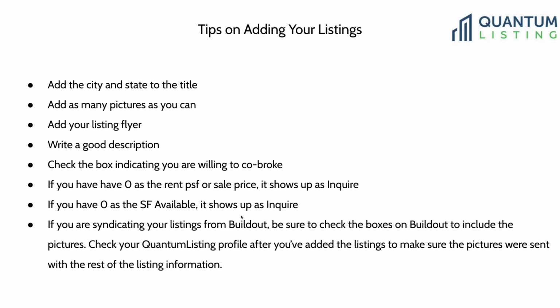Some people forget to check that, and then they have to go into the listing and check a box next to each individual picture. So just make sure that you have the right boxes checked on Build Out, and that your pictures flow through.